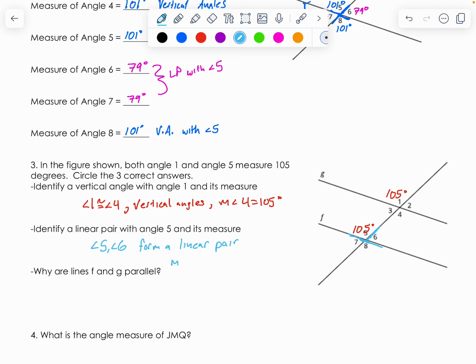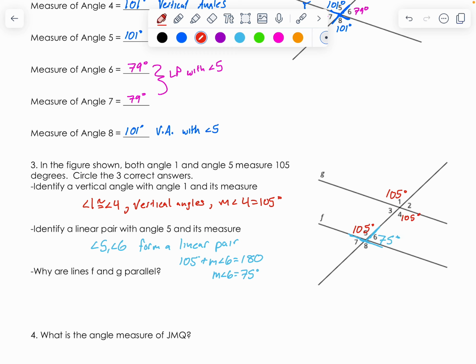Measure of, we'll say, 105 degrees, and then add angle 6, because angle 5 was 105 degrees, plus angle 6, which we don't know. Ultimately, measure of angle 6 would be 75 degrees. That's how the linear pair works.